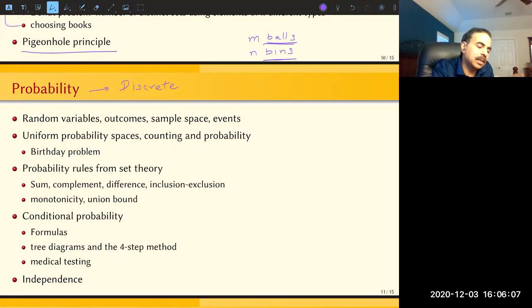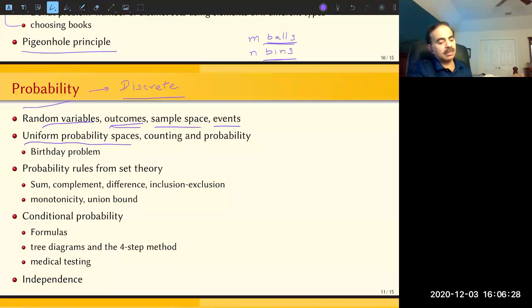So we call this discrete probabilities. We defined terms such as variables, outcomes, sample space. What is an event? An event is nothing but a set of outcomes, right? And then we talked about uniform probability spaces, right?